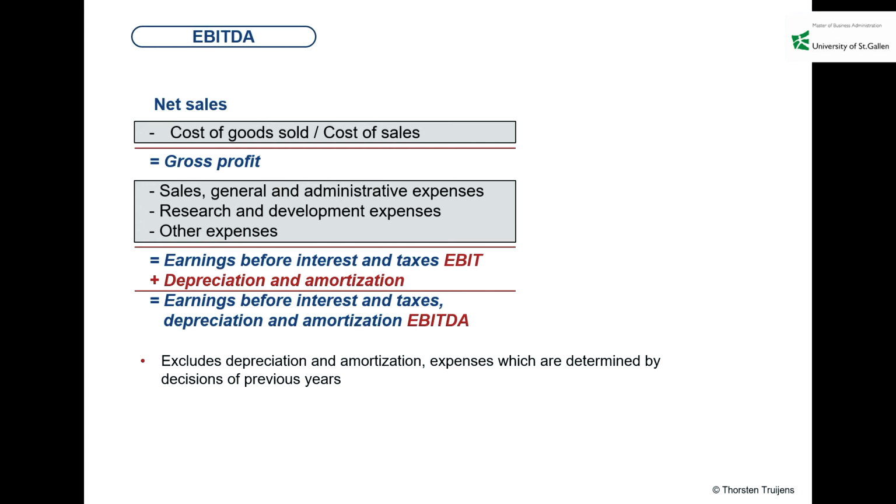Now, why do many companies actually switch from EBIT to EBITDA as a metric to compare themselves against competition or to pay bonuses? Because if you think about companies which have lots of assets, think about a cement producer, think about Holcim, Lafarge or Cemex. One cement plant costs you $300 million to build.